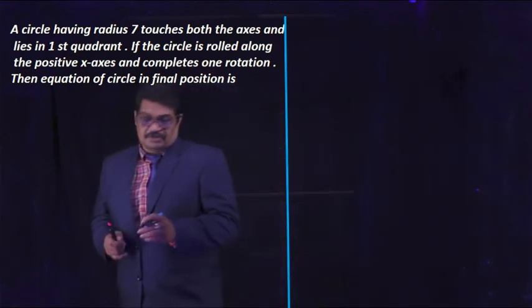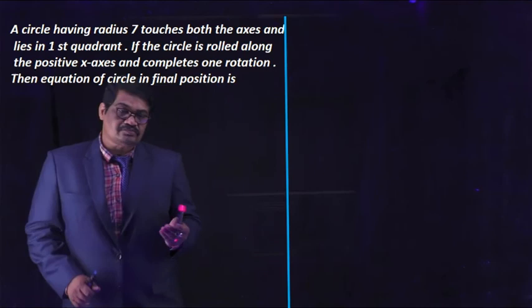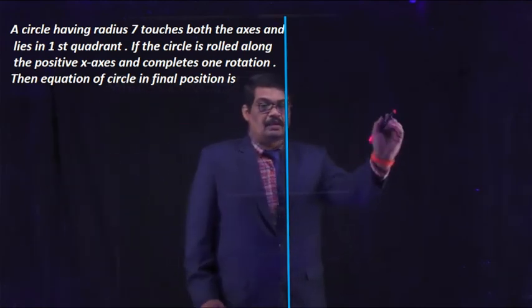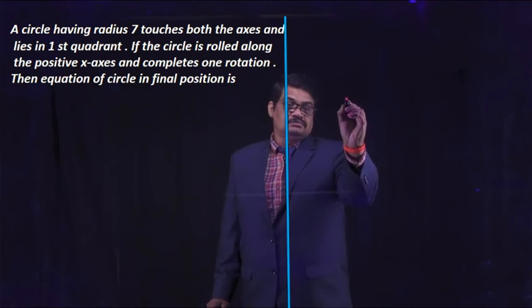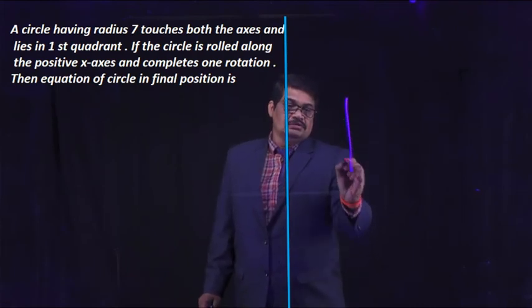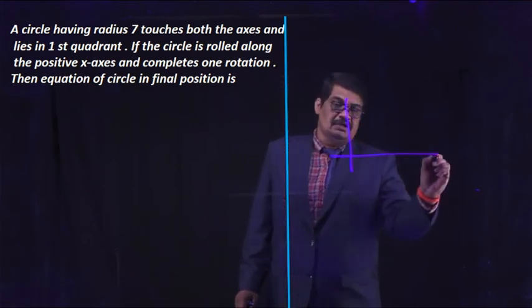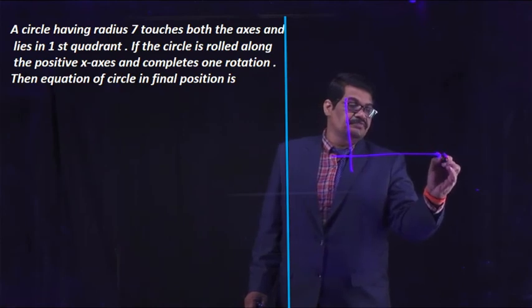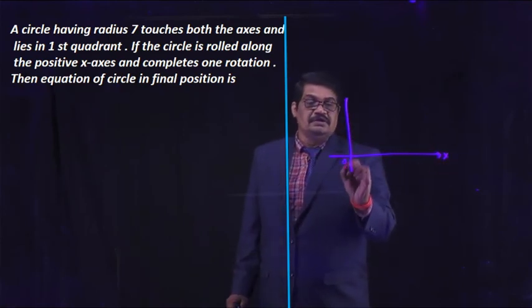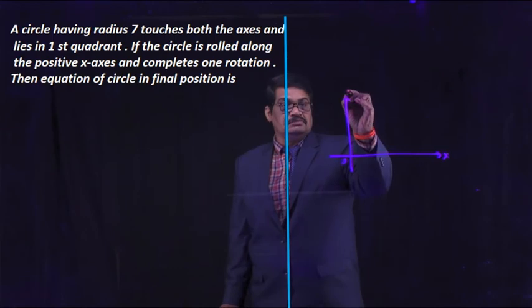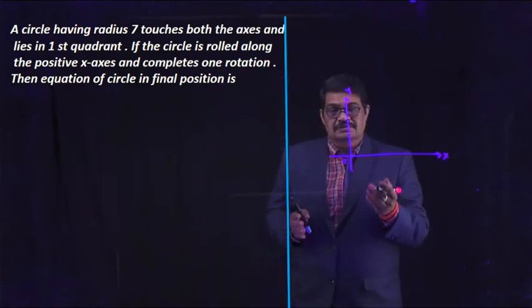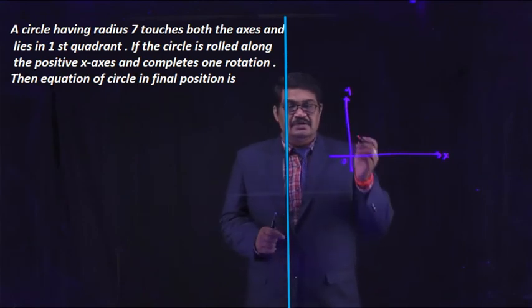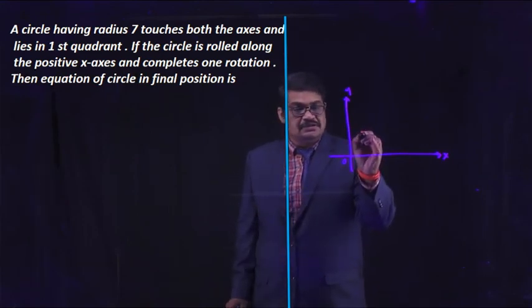See the diagram. This is the y-axis and this is the x-axis. This is the origin. A circle touches both the coordinate axes having the radius 7 units.